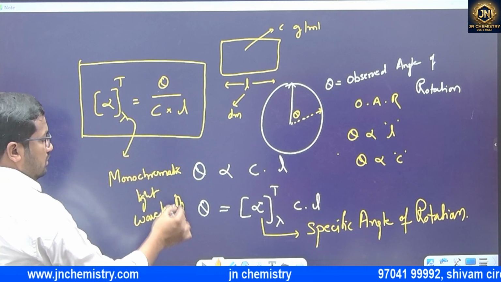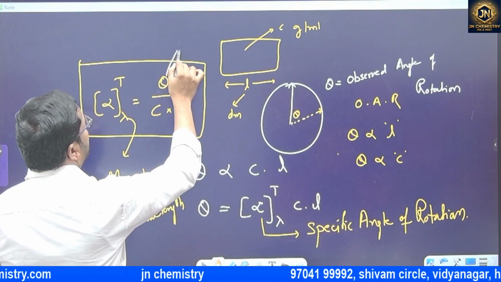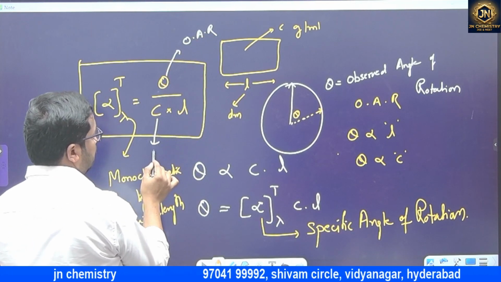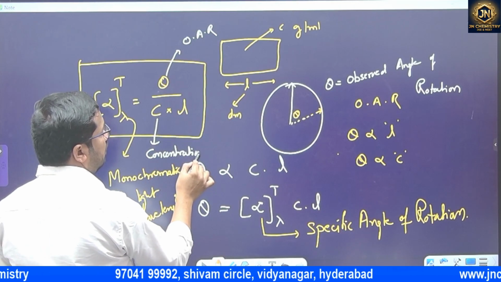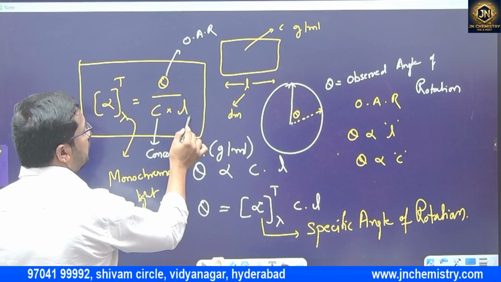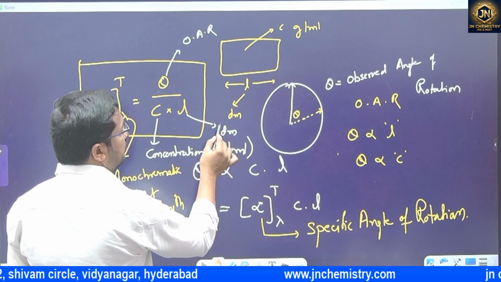What is theta? Observed angle of rotation. C means what? Concentration. Concentration we have to take in gram per ml. L is the length of the polarimeter tube. We have to take in decimeter.